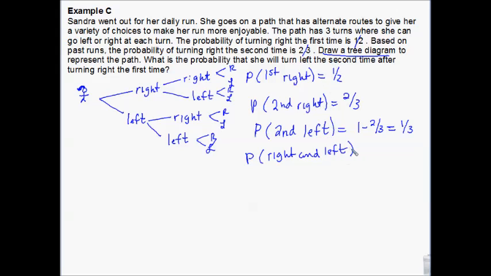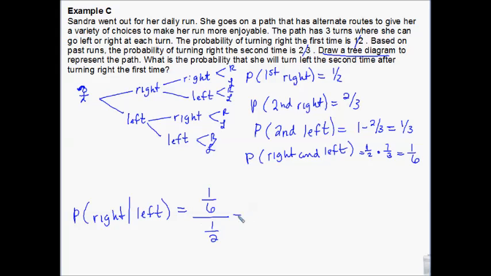We need to figure out right and left, which is going to be 1/2 times 1/3, giving me 1/6. And the probability of a right followed by a left is 1/6 divided by 1/2, which is 1/6 times 2 over 1. The 2 and the 6 both divide by 2. So she has a 1/3 probability of going left if she went right the first time, which is a 33.33% chance.